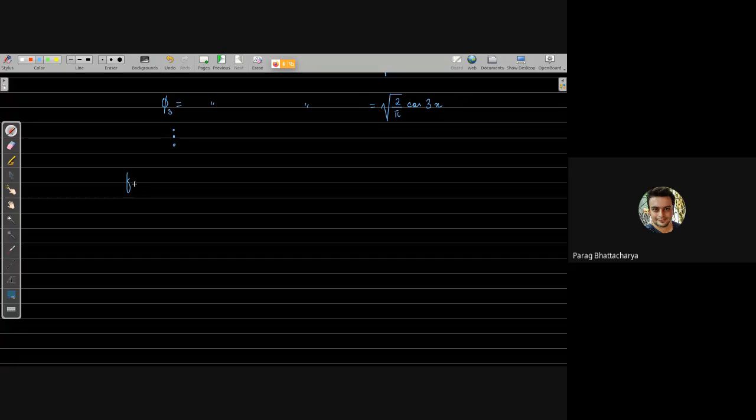For cos cube x, we can use the identity cos thrice x plus 3 cos x, divided by 4.